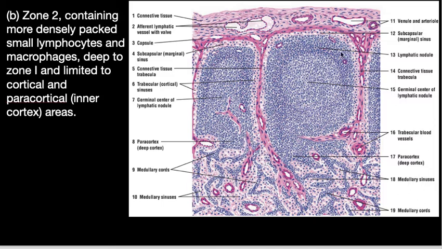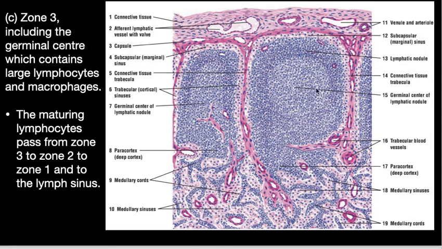Zone 2 containing more densely packed small lymphocytes, deep to zone 1, limited to the cortical areas and the paracortical areas. Okay? This is your paracortex or the deep cortex. Zone 3 includes the germinal center containing large lymphocytes and macrophages.